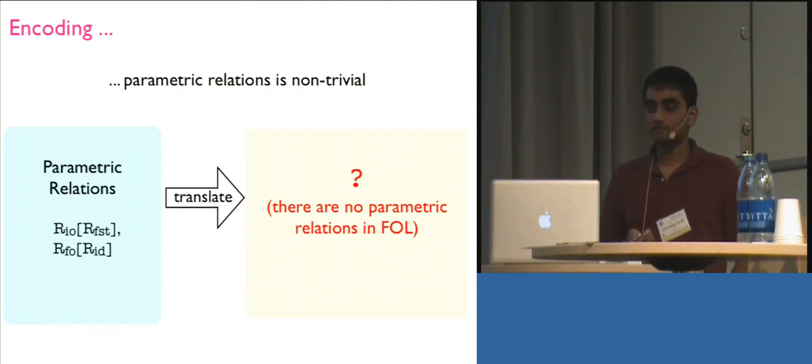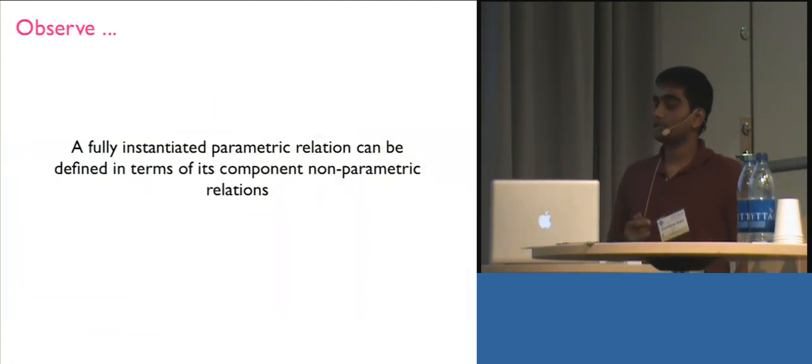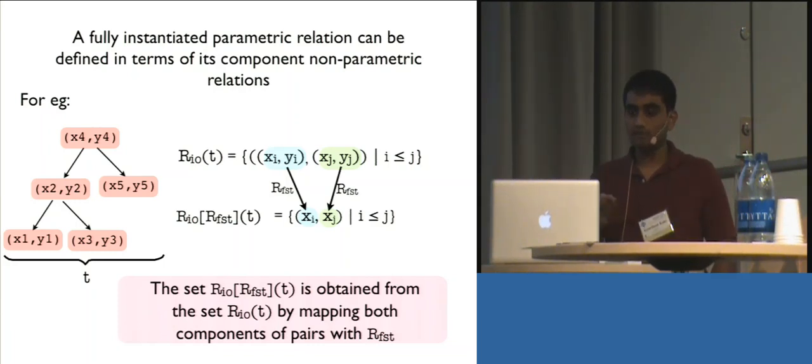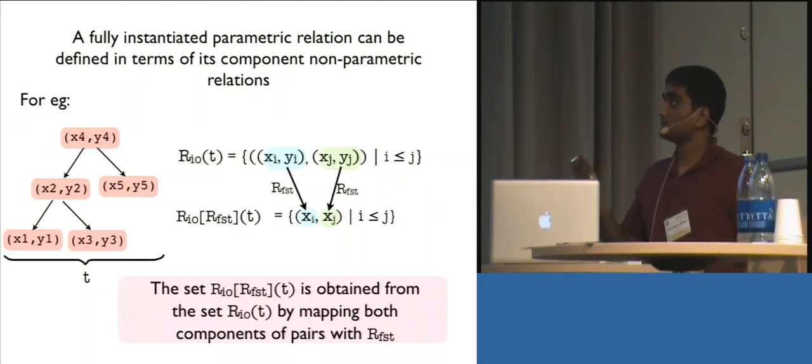We will rely on a crucial observation that a fully instantiated parametric relation can be defined in terms of its component non-parametric relations. For example, for the tree of pairs that we have seen, the in-order relation of tree T is a relation that relates pairs, and the parametric in-order relation, where the parameter is instantiated with the RFST relation, is a relation that relates first components of pairs in tree T. Observe that the set RIO RFST of T is obtained from the non-parametric RIO relation by mapping each component of the pair with the RFST relation.